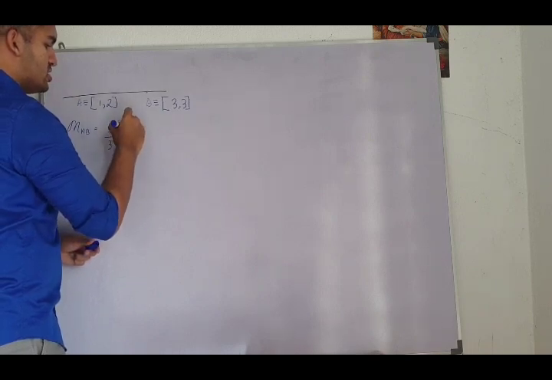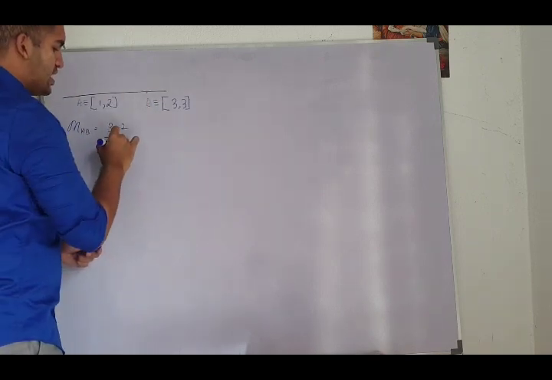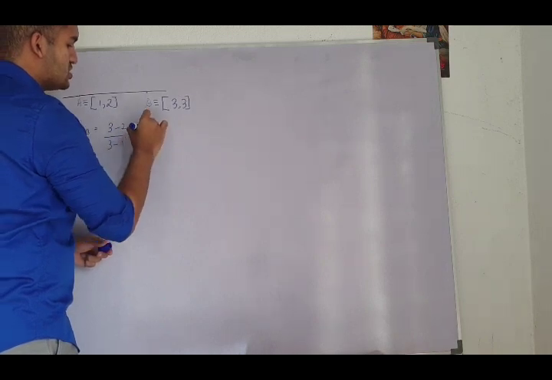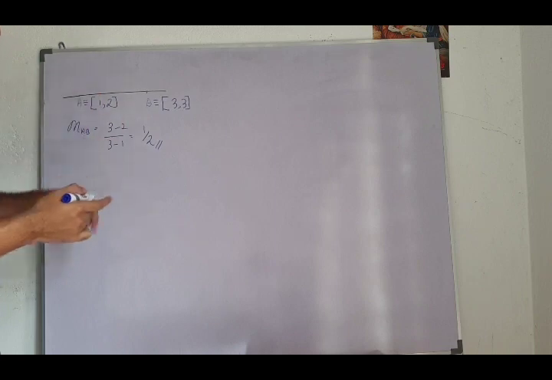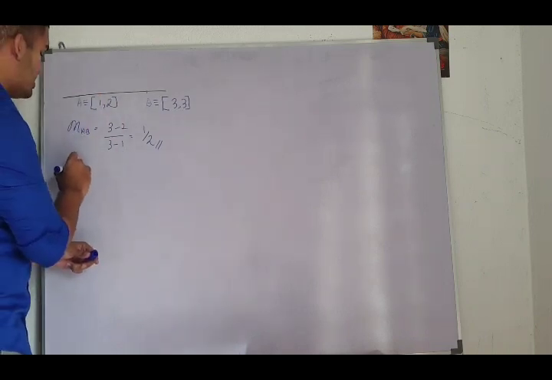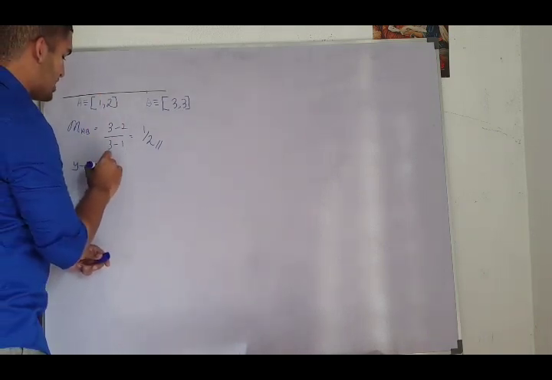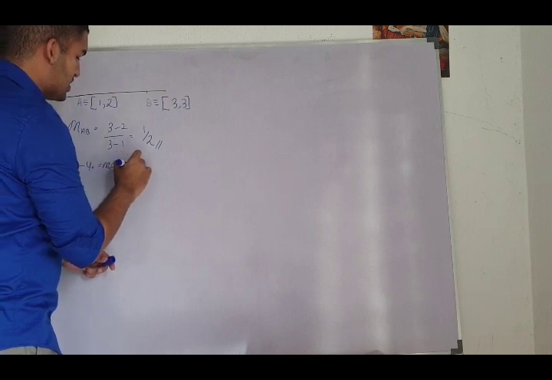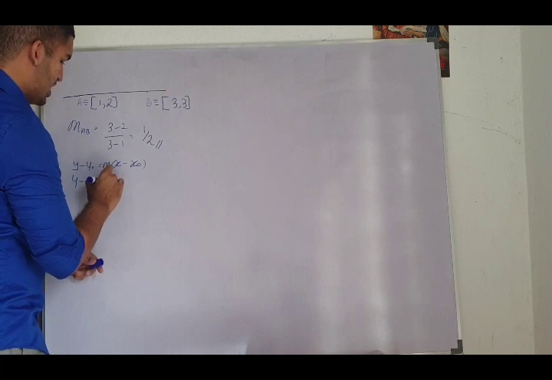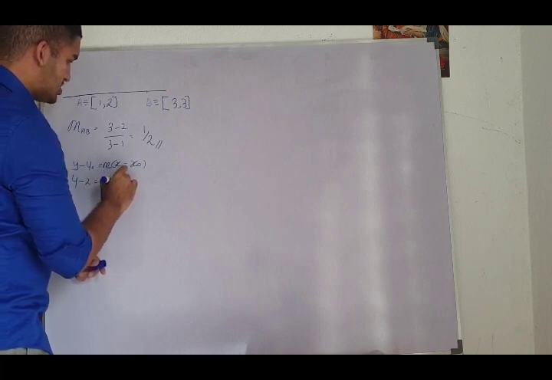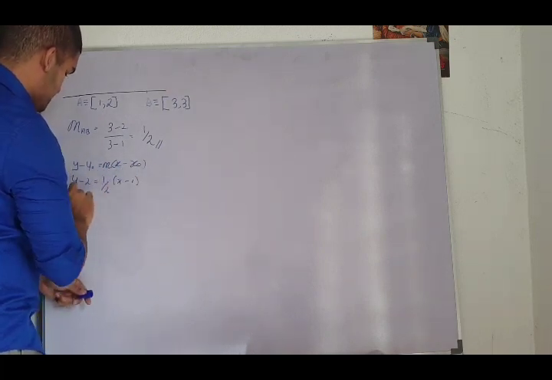Y is 3 minus 2, that is 1, and x is 3 minus 1, that is 2. So this is going to be half. So the gradient of the straight line is half, and now you should find the equation of the straight line: y minus 2 is equal to half, that's m, times x minus 1.